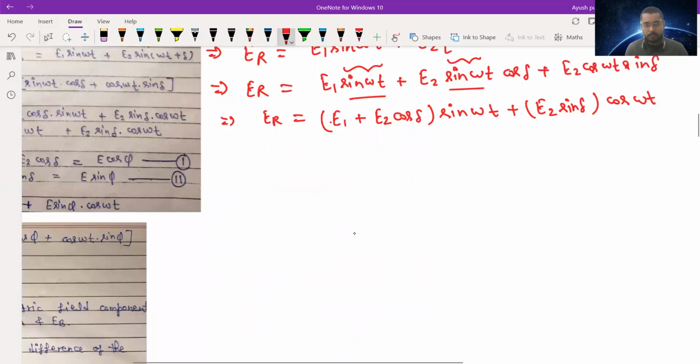Now let's assume that E1 plus E2 cos delta is equal to E cos phi.